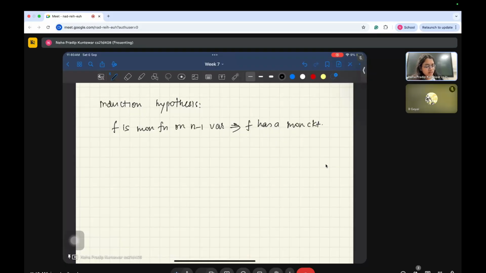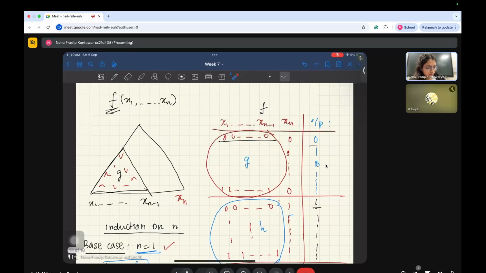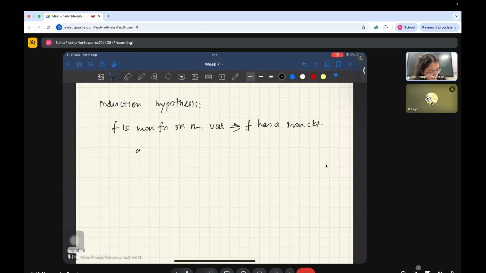In this case, the g and h that we had are monotone functions on n minus 1 variables. So there is a monotone circuit corresponding to these.